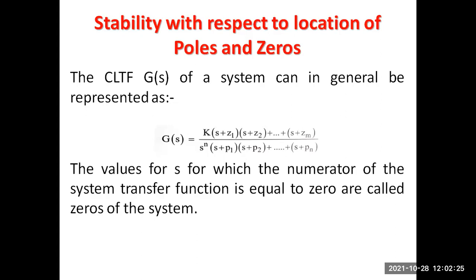Broadly, this is the definition of the poles and zeros of any control system. Now we need to understand how the location of the poles and zeros affects stability. Do these poles and zeros really affect anything in the system, or are they only for calculation's sake? This is very, very important.